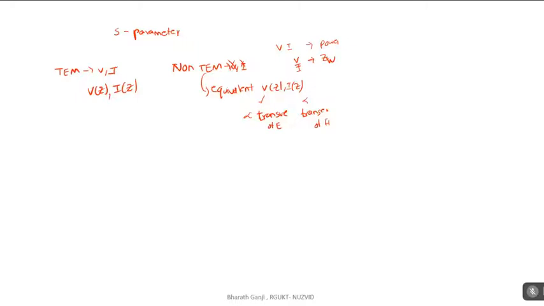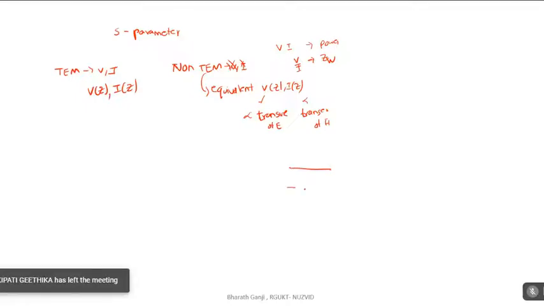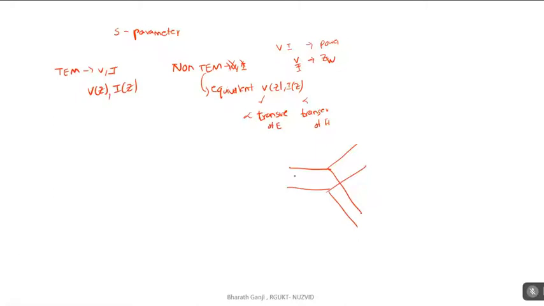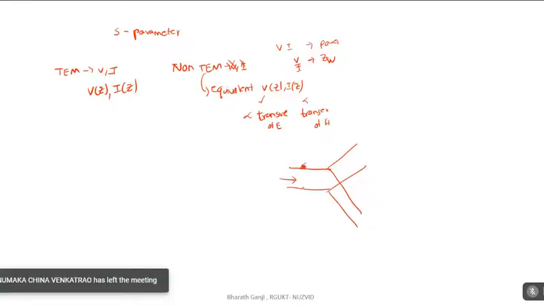When you can define voltage and currents at every point on the microwave network, particularly at a terminal or a port, say for example in a power divider, where the input comes in on two wires and the power is divided into two ports, I can put terminals or ports here.